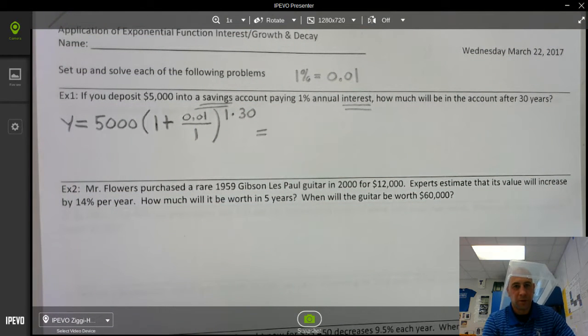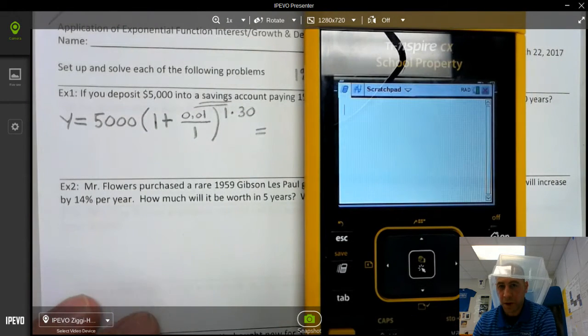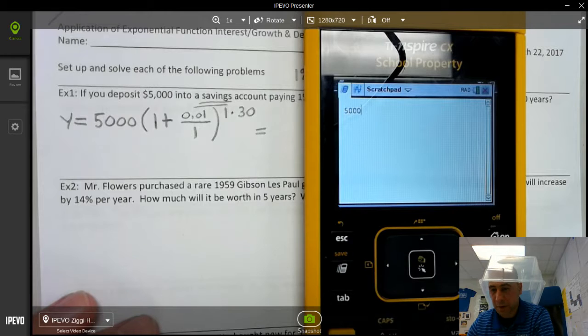Putting this in a calculator is pretty straightforward. You do 5,000, parentheses 1 plus 0.01 divided by 1.